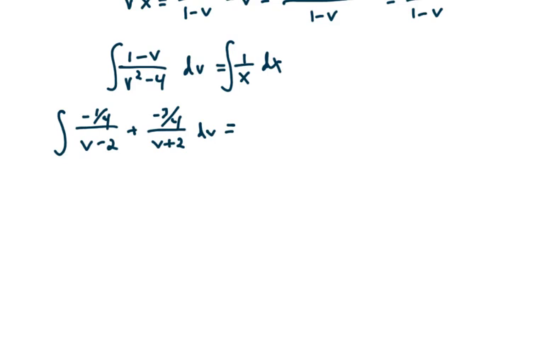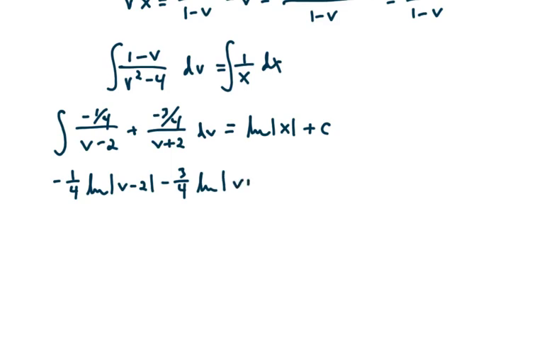On the right-hand side, when we integrate, we get the natural log of x plus c. So now let's integrate the left-hand side. We've got negative 1/4 times the natural log of v minus 2, minus, let's see, 3/4 times the natural log of v plus 2, equals the natural log of x plus c.